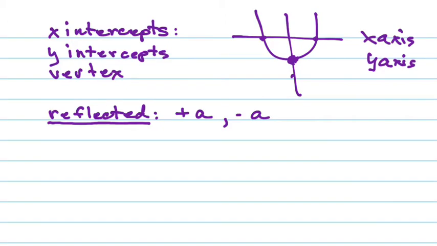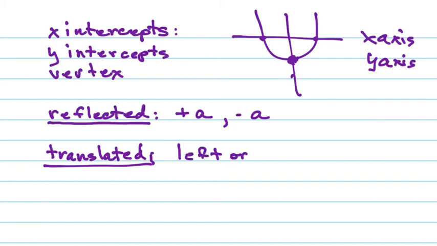Okay? We've also talked about what happens when you translate. If a parabola is translated, translated means that it's moved either left or right. And remember, that's the one that's inside that parentheses or bracket.